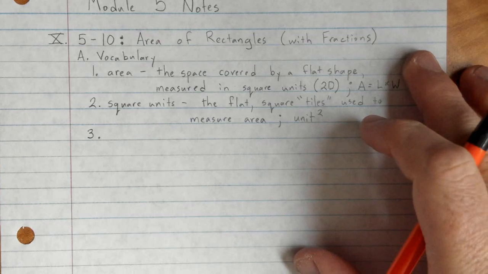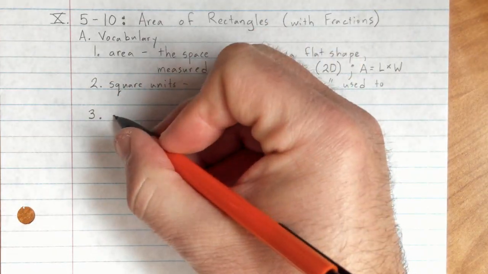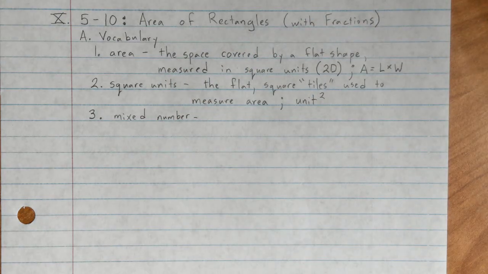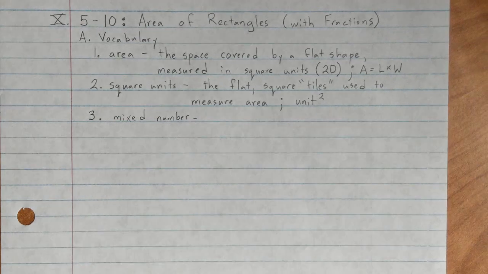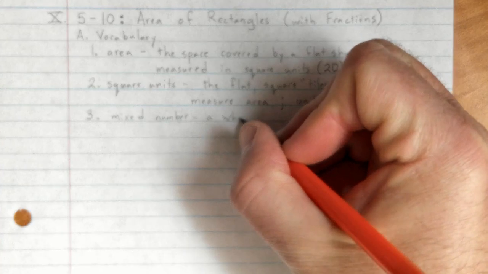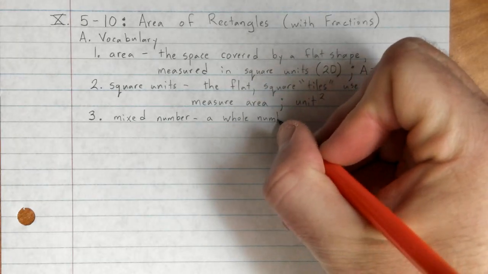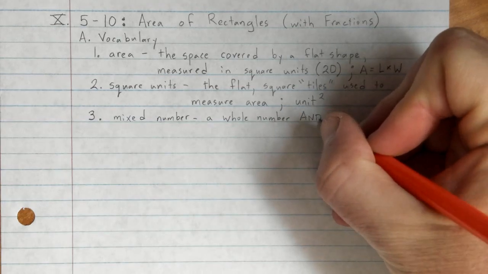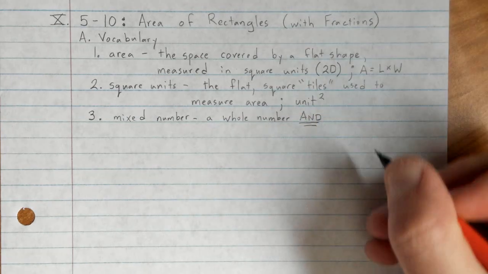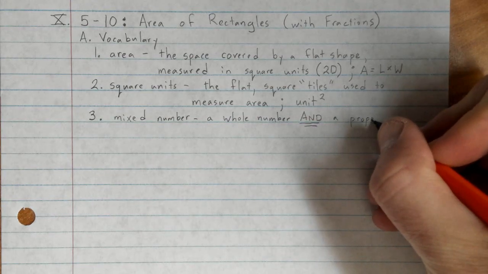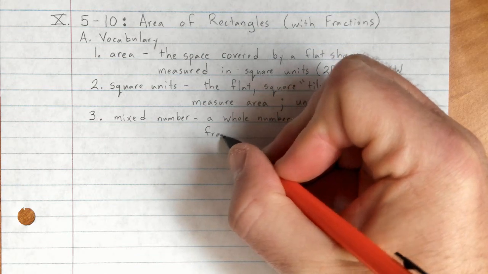Okay? All right, number 3. This one, again, I'm really hoping is super review. This is going to be a mixed number. A mixed number is going to be a whole number and a proper fraction.